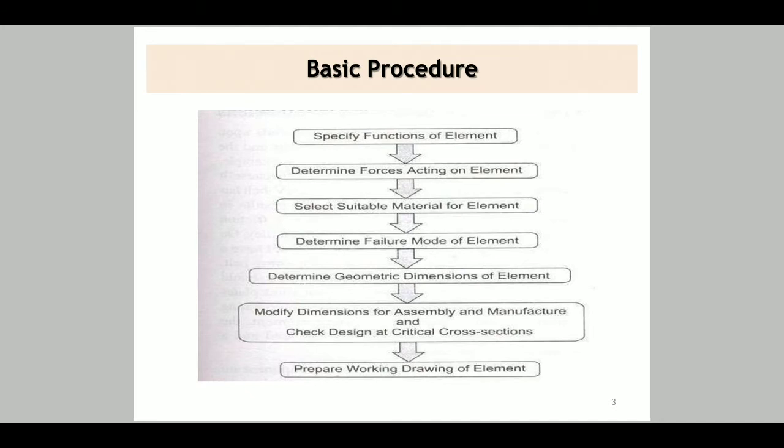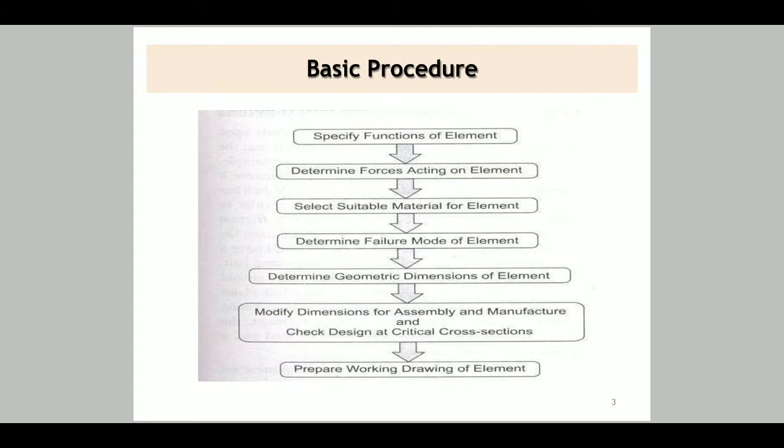The basic procedure of machine design which we have to follow is as follows. First, we have to specify the function of the element or the machine which it is going to perform. That means for which function we are going to design that machine.